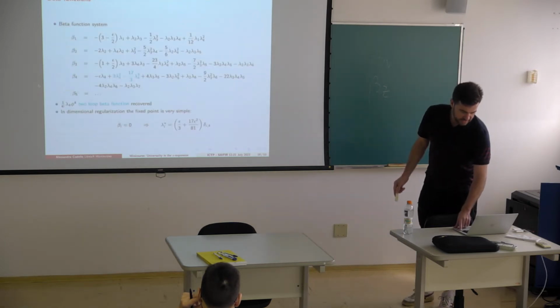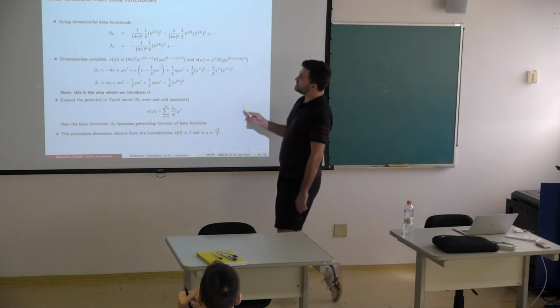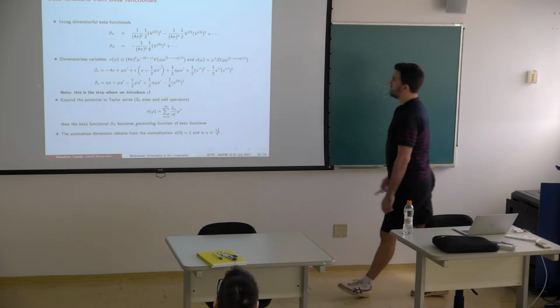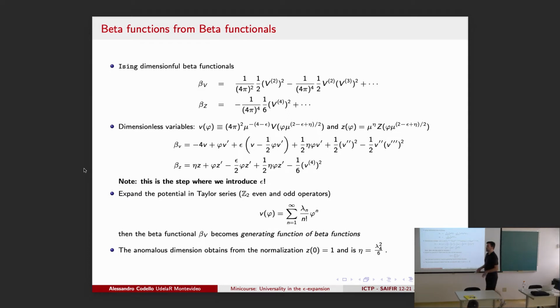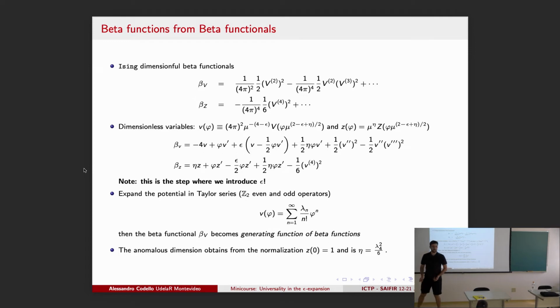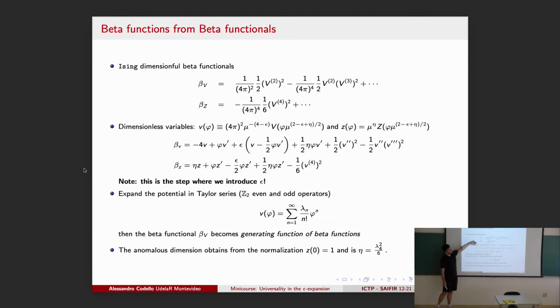The key point is that one of the reasons why this approach is very convenient is that generating functions allow you to obtain a lot of information in a very simple way. In fact, beta functionals are generating functions for the beta functions.